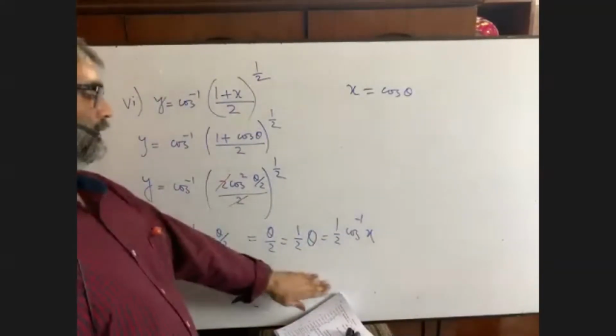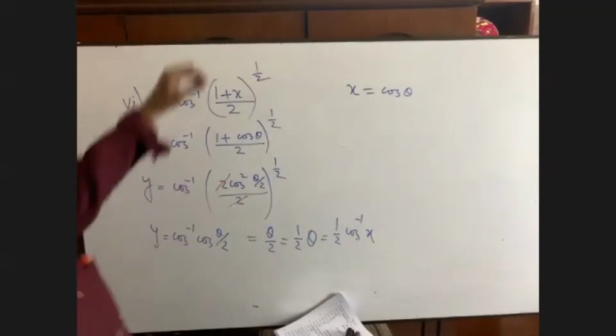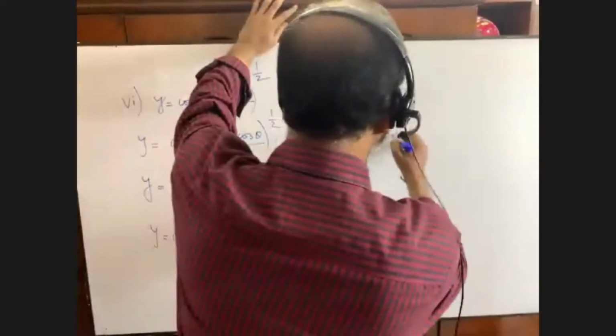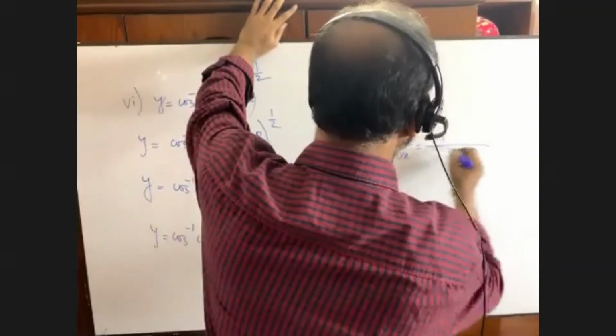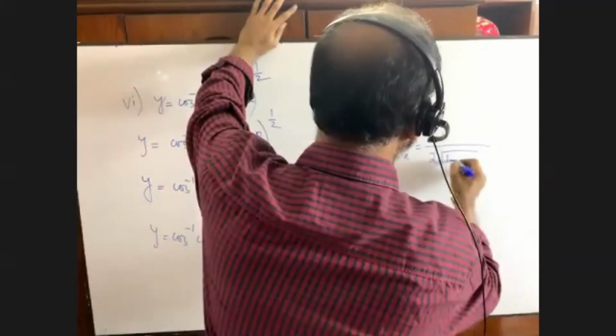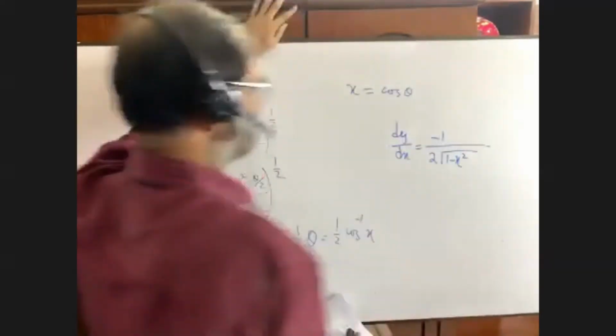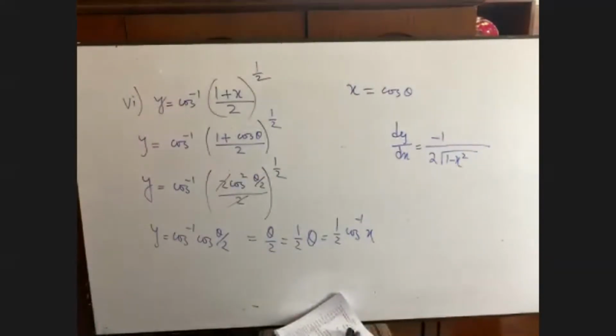So dy by dx is equal to minus 1 by 2 root over 1 minus x square. So math is done.